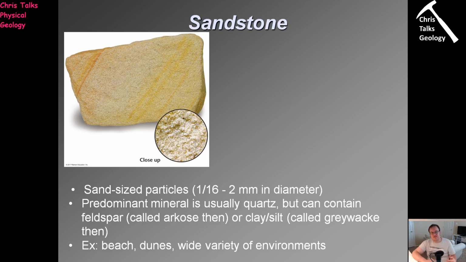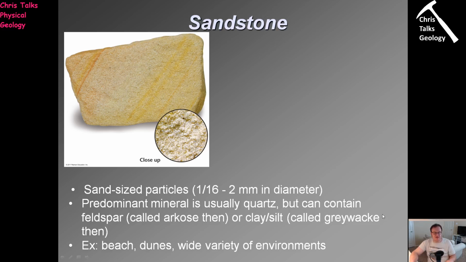If, however, our sandstone is a mixture of quartz and feldspar, we're going to refer to it as an Arkose sandstone. If our sandstone is a mixture of particles, made up of, let's say, quartz and feldspar, and quite a lot of clay and silt, we would refer to that sandstone as a graywacke.